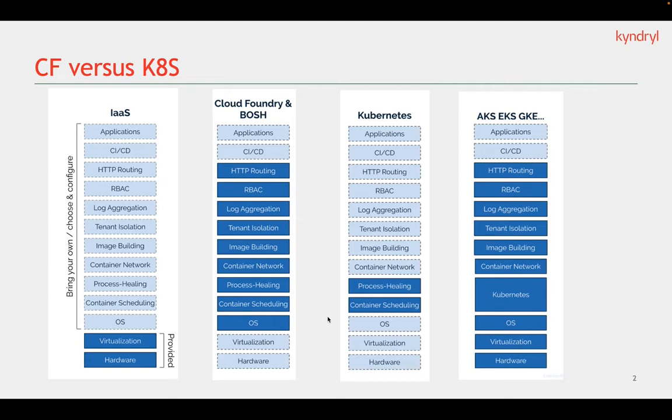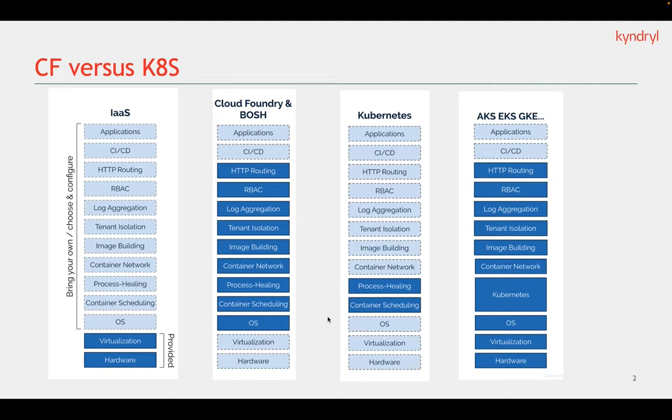Now, if I choose to take one of the hyperscaler Kubernetes versions, either AKS, EKS, or GKE, being Azure, AWS, and Google GCP respectively, a lot of those integration points are provided for you by the hyperscaler themselves.